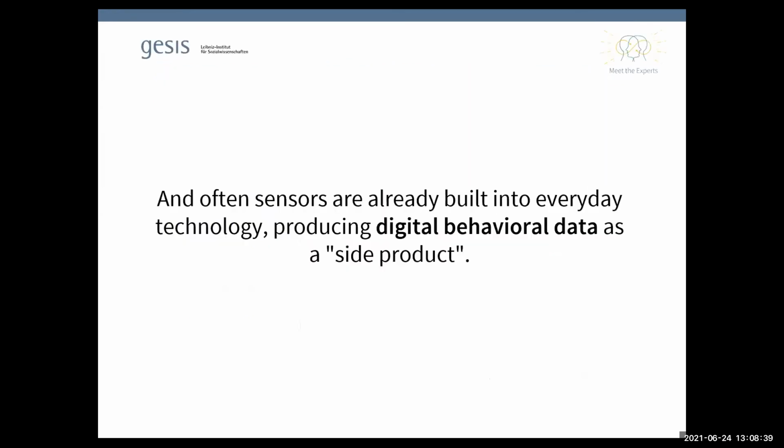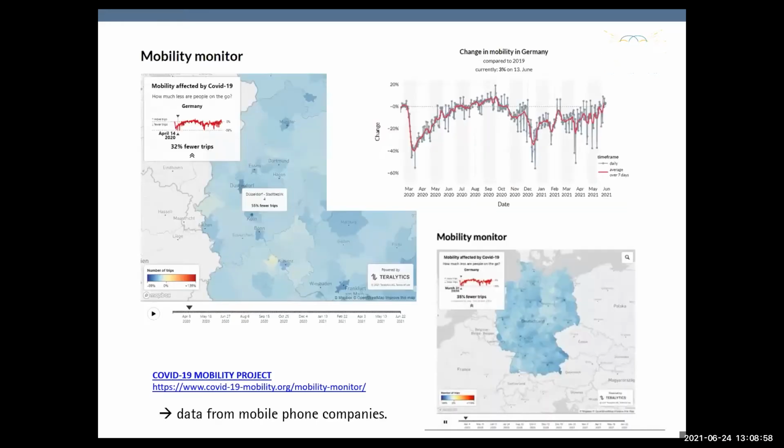In many other cases, sensors are already built into everyday technology that people are using anyway, and are thus producing digital behavioral data sort of as a side product, without a researcher stepping in and saying, I now attach this sensor to you. So one example for this scenario would be the mobility monitor that is part of the COVID-19 mobility project.